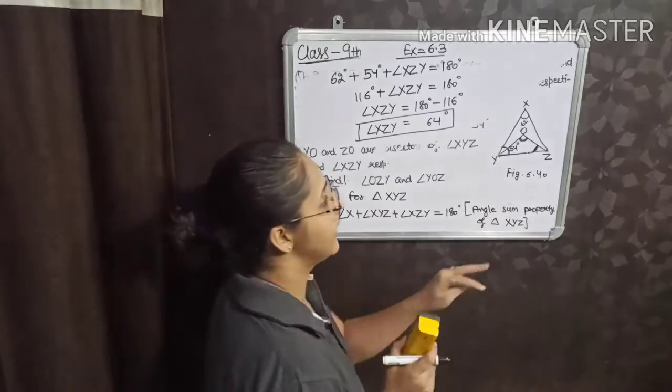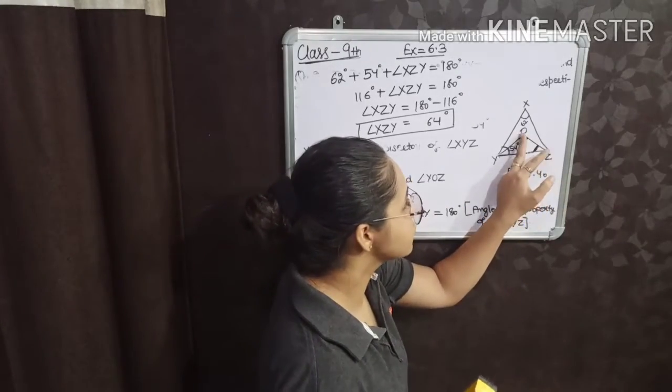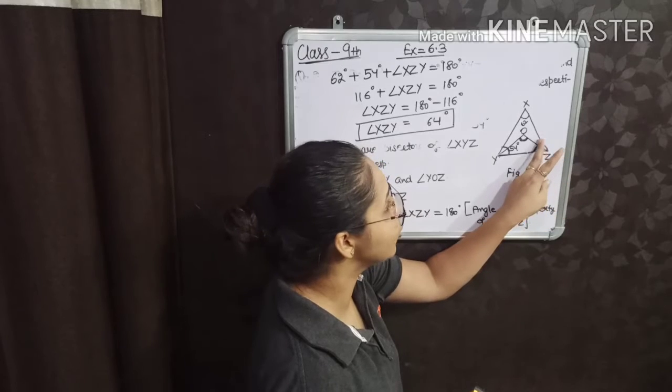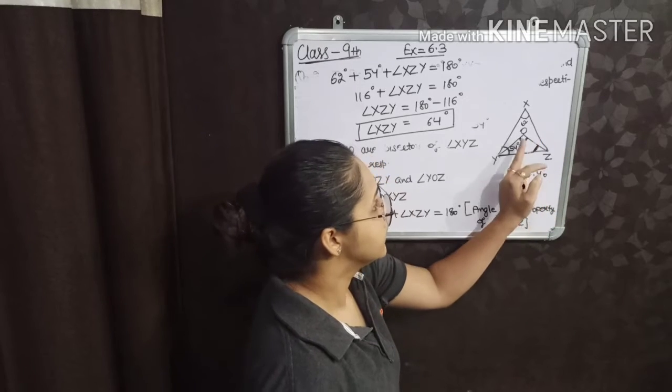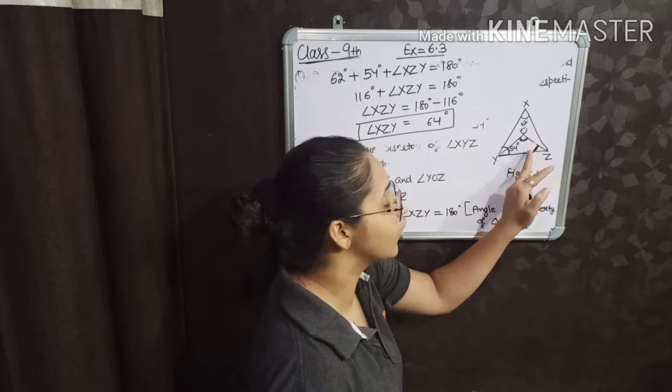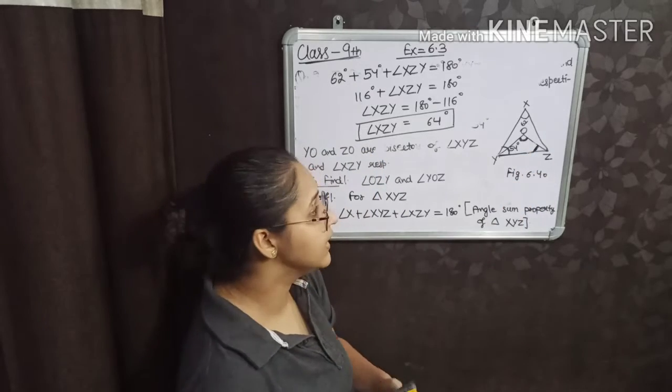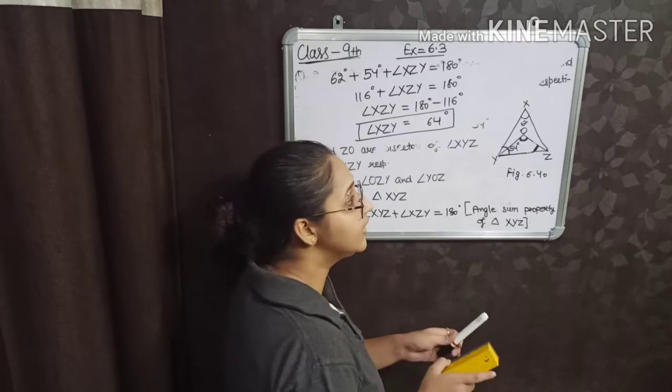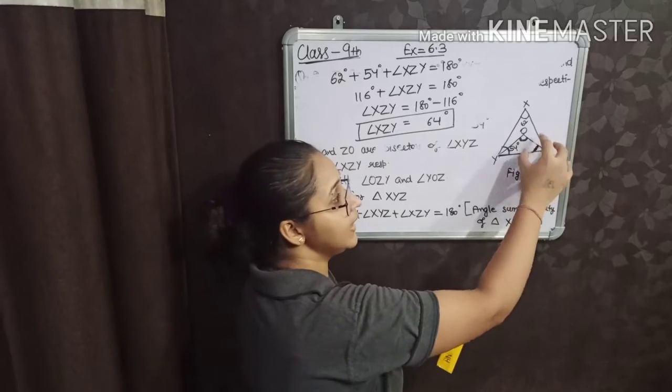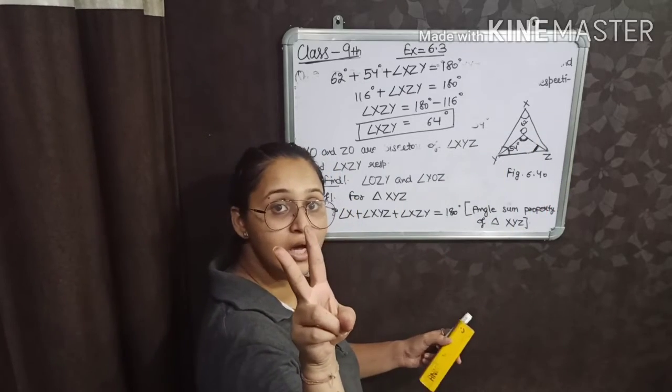You have noticed that this OZ is a bisector of this complete bigger angle. It means this OZ will divide this complete angle into two equal parts.